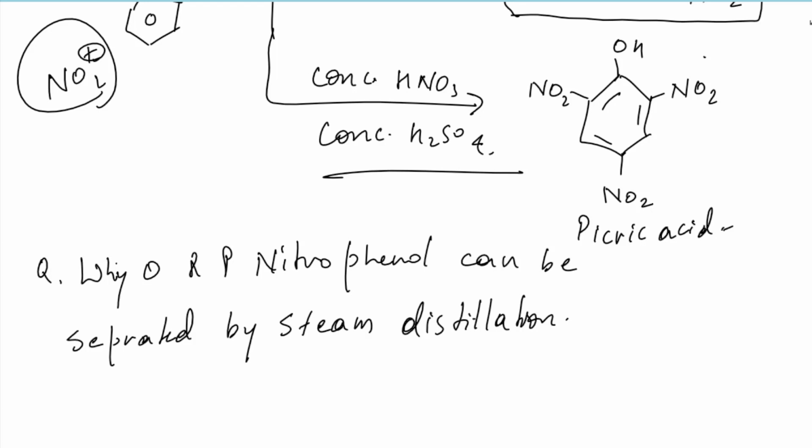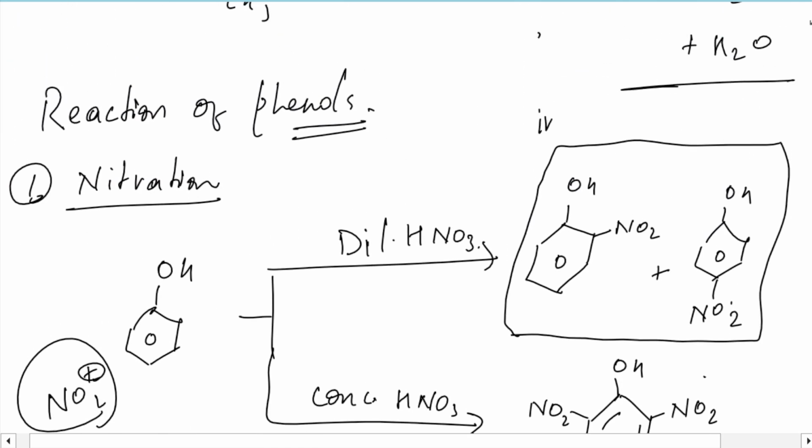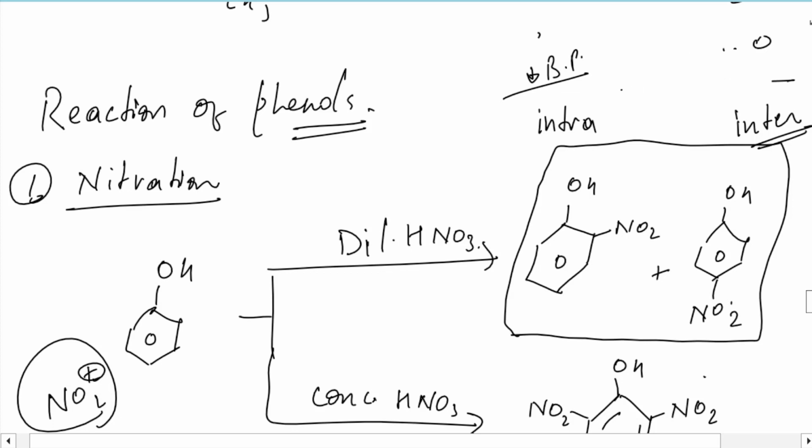So what will be our answer is because of difference in their boiling points. Orthonitrophenol is having intramolecular hydrogen bonding while paranitrophenol is having intermolecular hydrogen bonding. So intramolecular hydrogen bonding is something which is decreasing the boiling point. Instead, intermolecular hydrogen bonding is something which is increasing the boiling point.